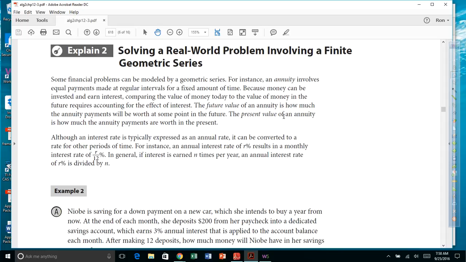Because money can be invested and earn interest, comparing the value of money today to the value of money in the future requires accounting for the effect of interest. The future value of an annuity is how much the annuity payments will be worth at some point in the future. The present value of an annuity is how much the annuity payments are worth in the present.